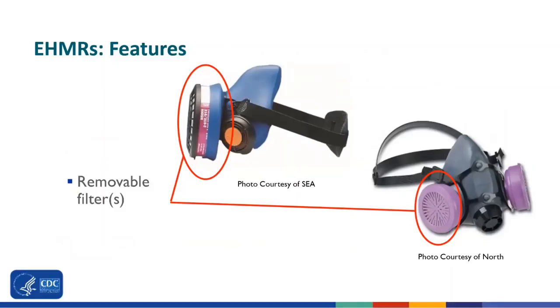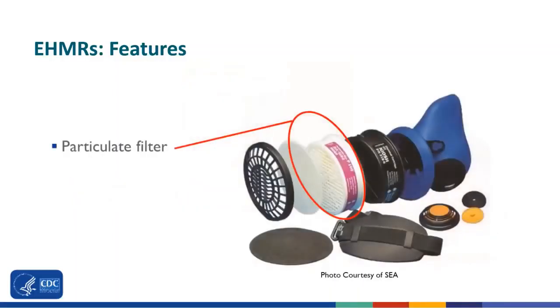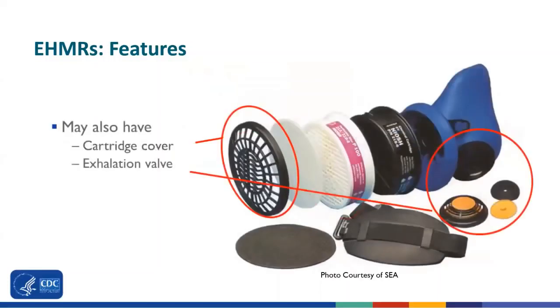On the right, you can see there are two filters that can be unscrewed when necessary. Importantly, shown here is the particulate filter. This is the device that filters the particulates and prevents them from being inhaled. The elastomeric respirator may also have a cartridge cover, as shown here, and an exhalation valve, as pictured on the right, including covers.